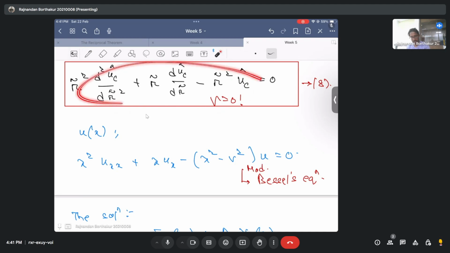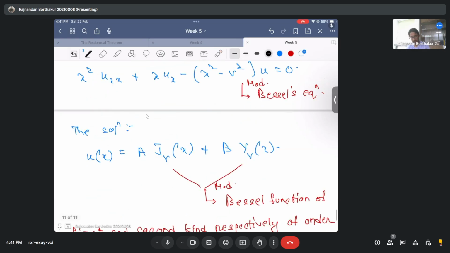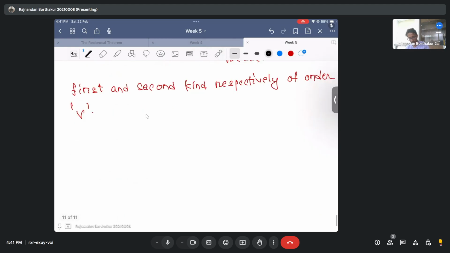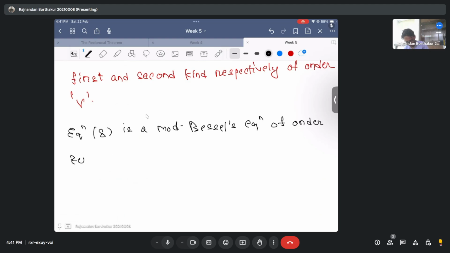I'll write it down that equation 8 is a modified Bessel's equation of order 0. And typically in cylindrical geometries, you always end up getting Bessel's equation. Okay, not always, but I would say you frequently end up solving the Bessel's equation in cylindrical geometries.